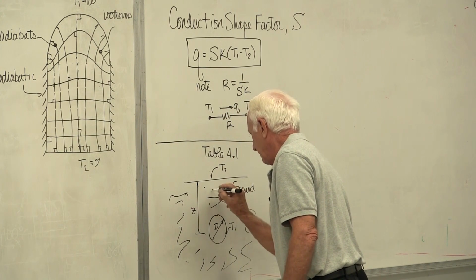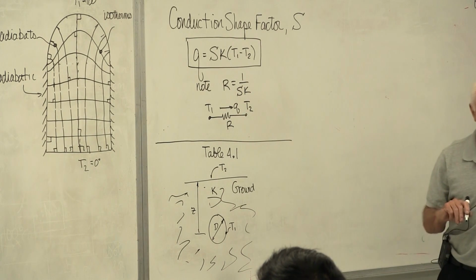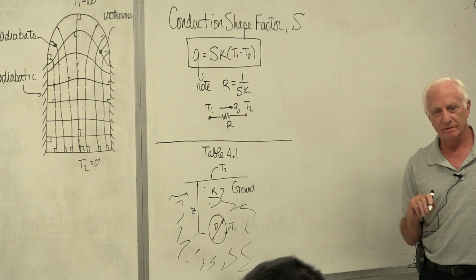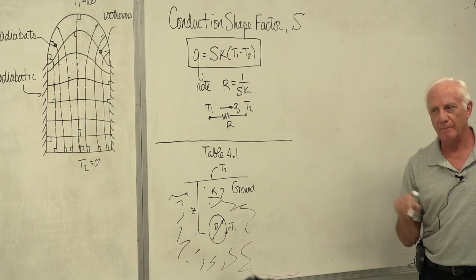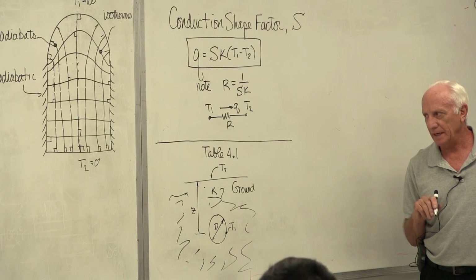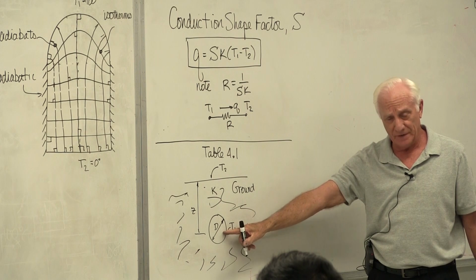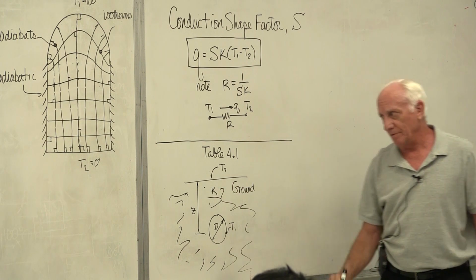The value of the thermal conductivity is K. If the ground is sand, K of sand. If it's soil, K of soil. Back of the book, Appendix A, whatever it is. That K is not the K of the sphere, but of what's surrounding the sphere.